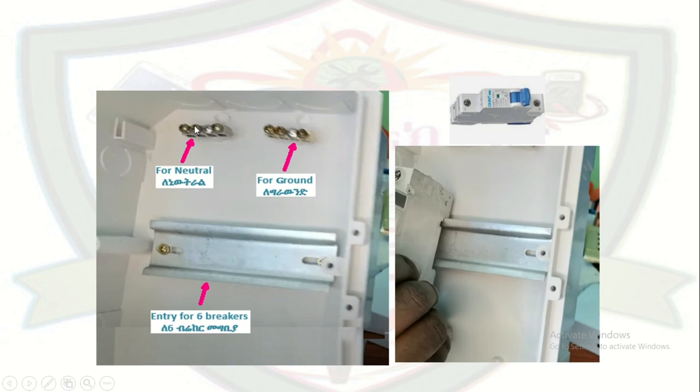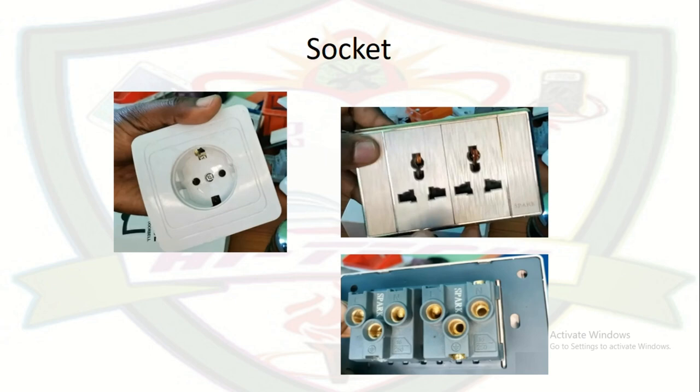This is only a joint point, not connected to any other part. So all neutral is joined here, and all ground is joined here. Most of the time on this distribution board or breaker, you use phase input and phase output. So this is the distribution board.